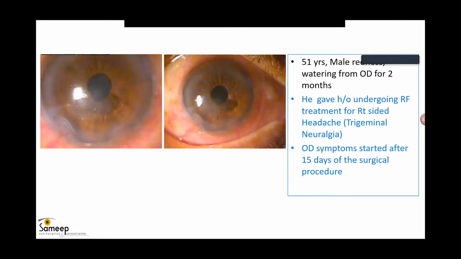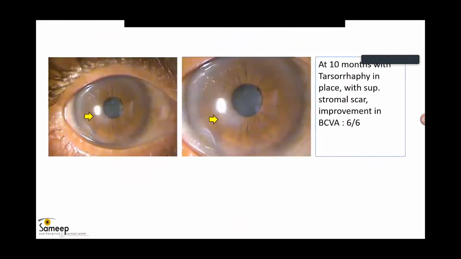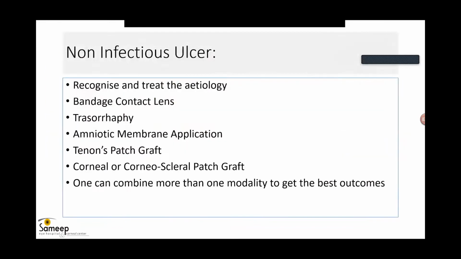So the symptoms started 15 days after the surgical procedure, and he definitely needed a tarsorrhaphy, and the ulcer started healing well, and eventually the stromal haze also decreased, and he improved to 6/6. Later on, he underwent cataract surgery a few years down the line, and again we continued because the corneal sensations were absent, so we continued with a partial lateral tarsorrhaphy even after cataract surgery.